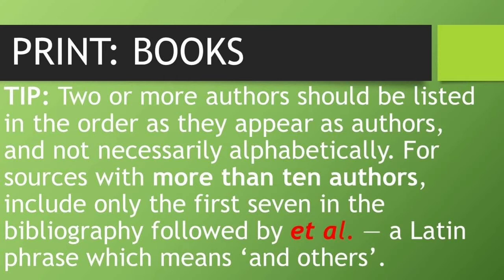And for sources with more than 10 authors, include only the first 7 in the bibliography, followed by et al., a Latin phrase which means and others. Again, if the book has more than 10 authors, the seventh name should be followed by the et al.